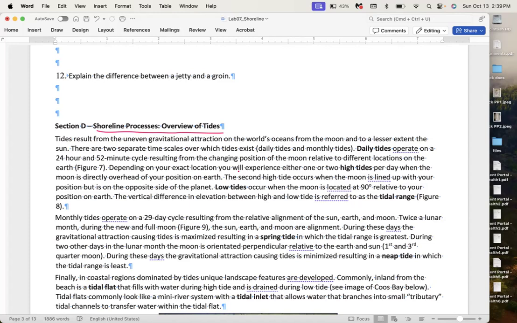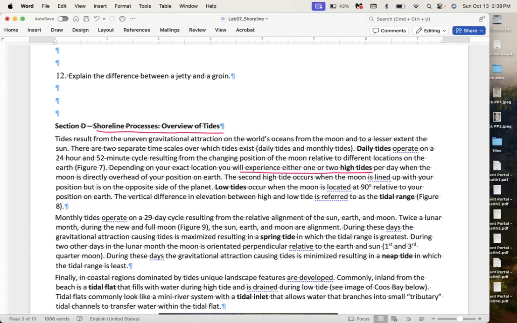Generally speaking, you either get one or two high tides a day, depending upon where you are. If everything was perfect, then the high tide would be 6 hours separate from the low tide. There'd be a high tide 6 hours after the low tide.